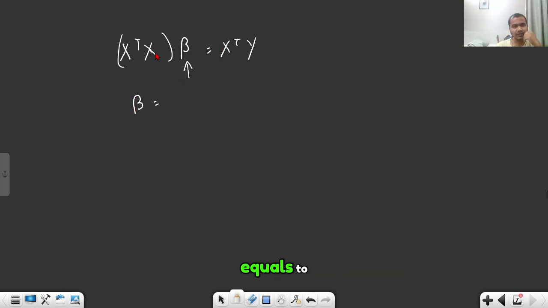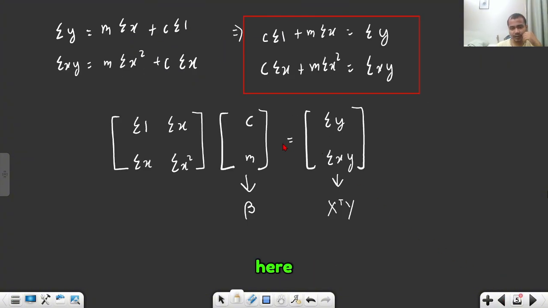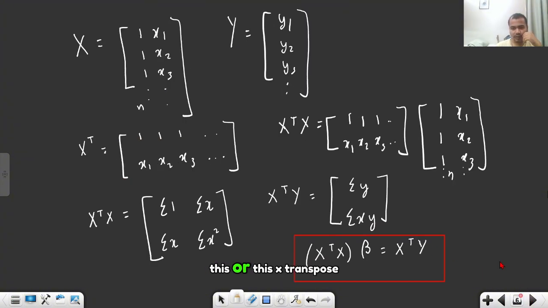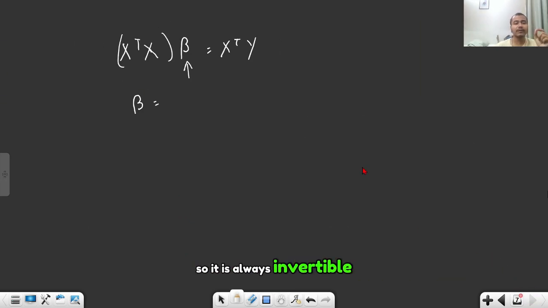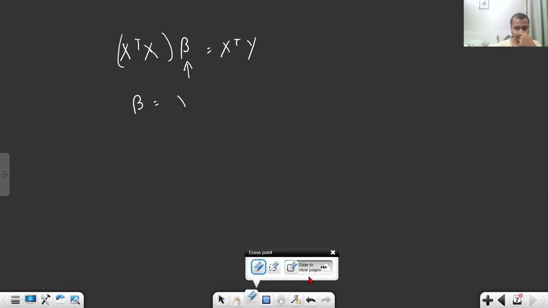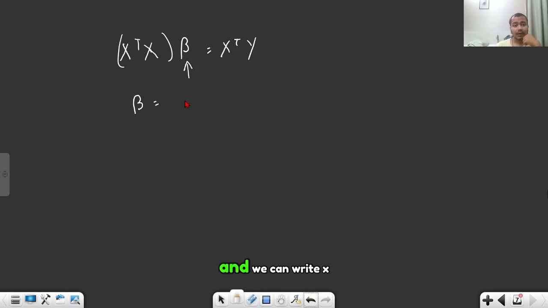Simply, beta is equal to, now as you can see here, this x transpose x is a square matrix, so it is always invertible. So the inverse of this always exists, and we can write beta equal to x transpose x inverse x transpose y.